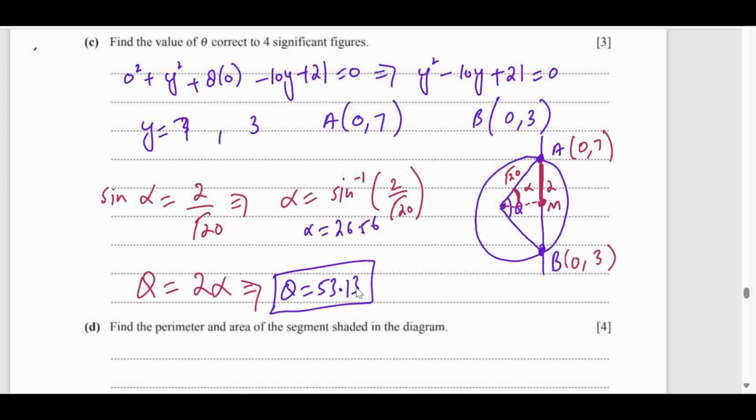So this will be the final answer. I hope the concept is clear.